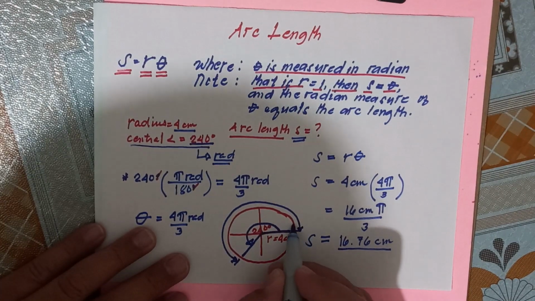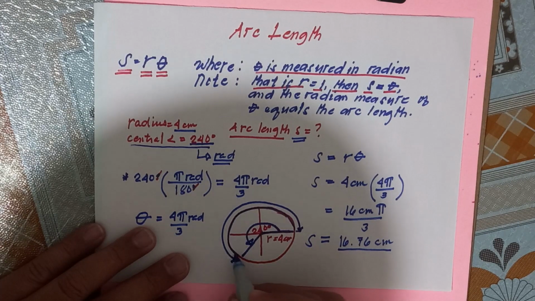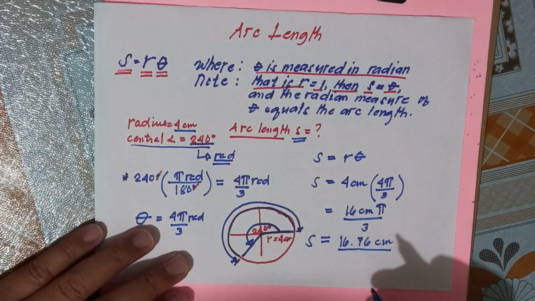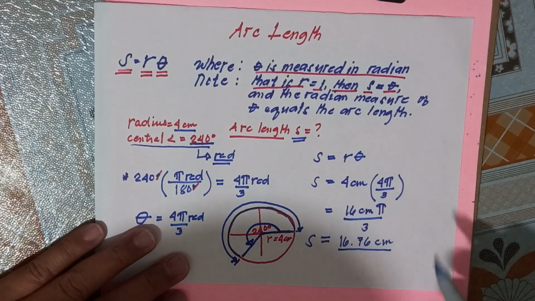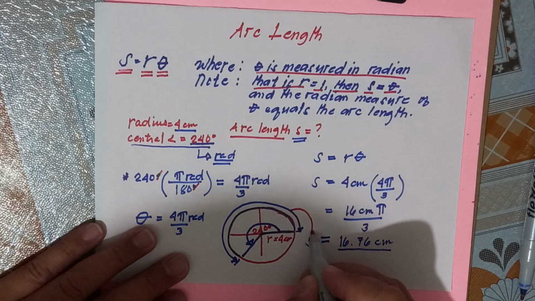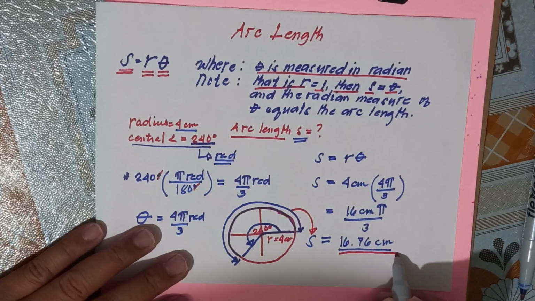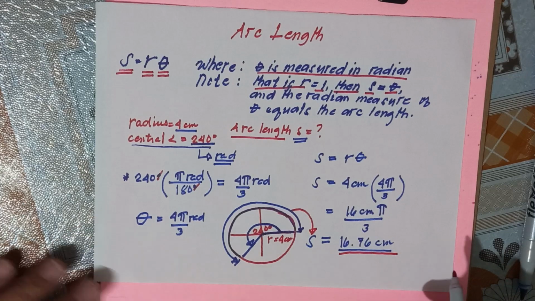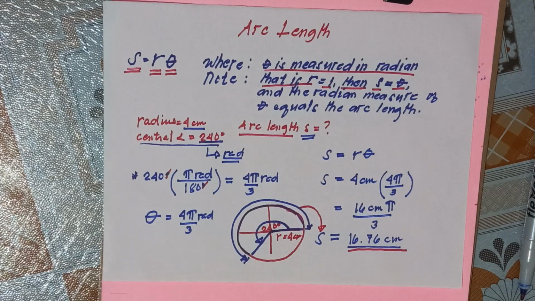This is the arc length, and the computed measure is 16.76 centimeter. I hope you understand the computation of the arc length. Thank you.